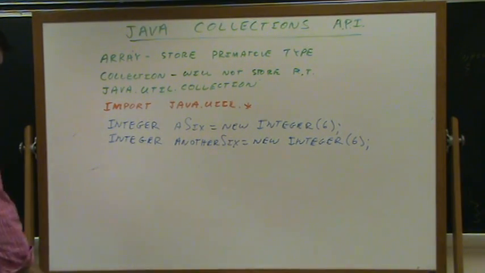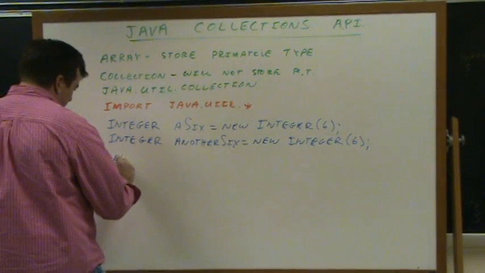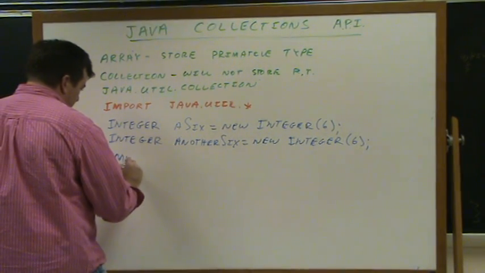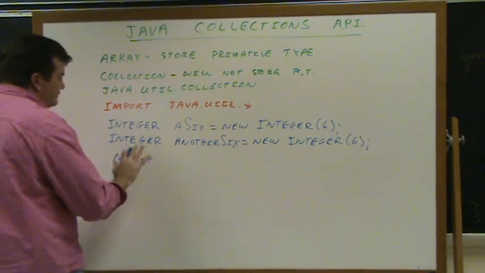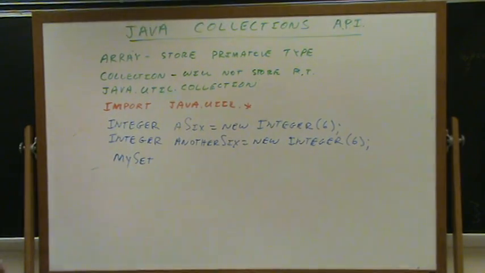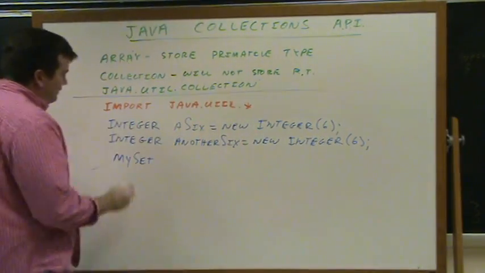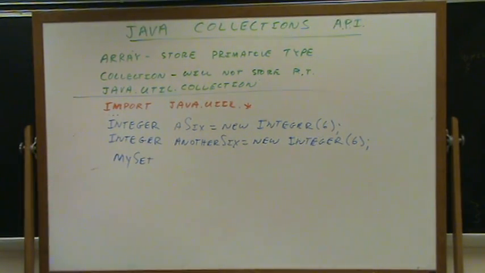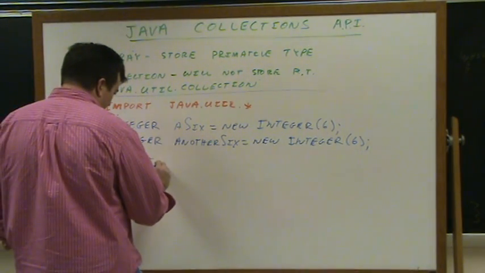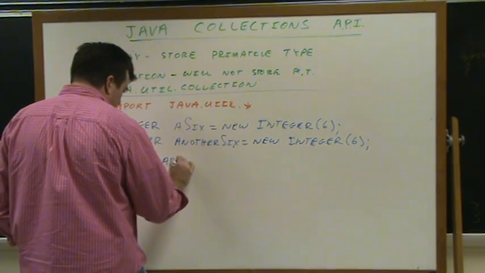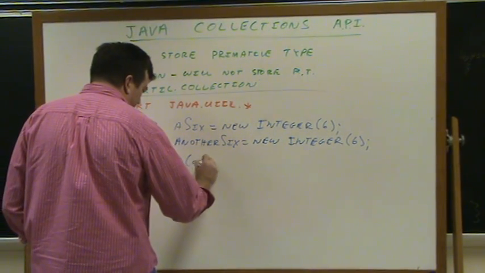Okay. Now suppose we said my set. Now obviously we've created my set above here. Somewhere in here we created the set, but we're saying my set. So I've created a set called my set, and the sets have an add function. I'm going to add a 6.